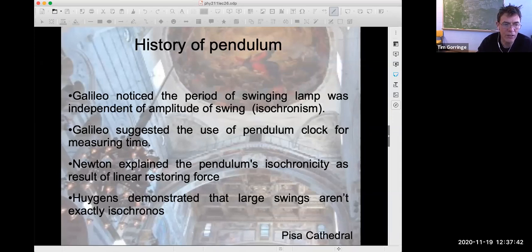And he noticed an interesting thing about the swinging to and fro of the candelabras or the lamps in this Pisa cathedral. And it was that the period of the oscillations of these candelabras or lamps was independent of the amplitude, the size of the oscillations.